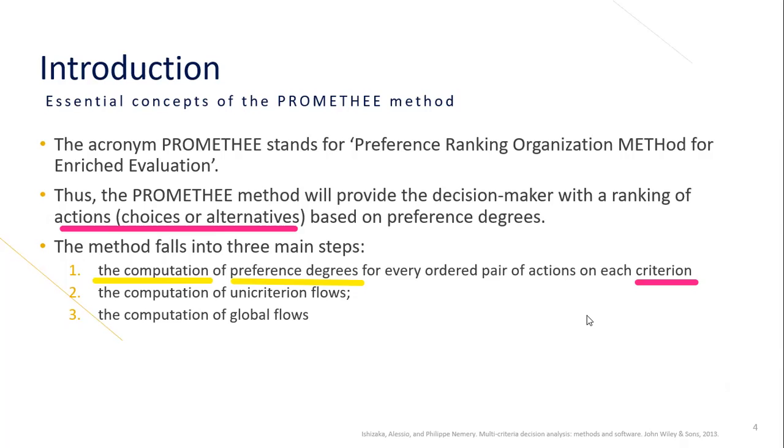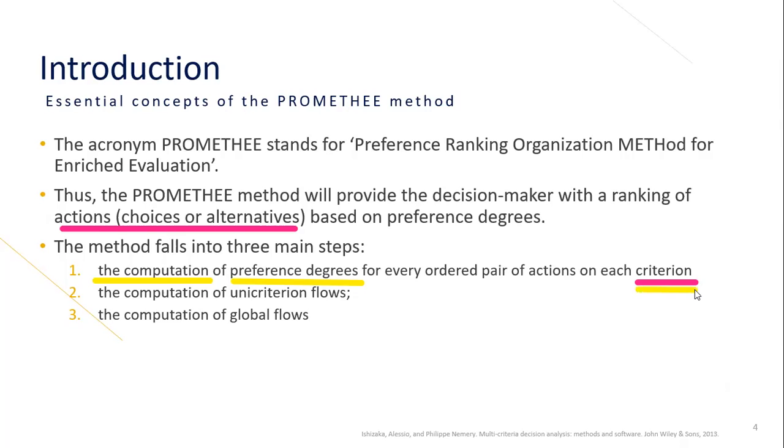It means, okay, compare an economic car with a luxury car. You need to compare which one you prefer. This is called preference degree. Of course, you need to have a basis on which you are comparing these two options or alternatives. This is called the criteria we mentioned earlier.